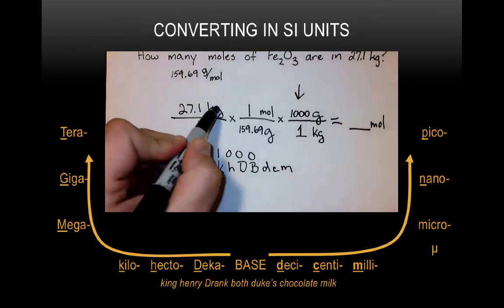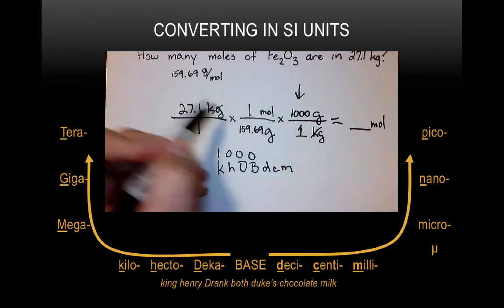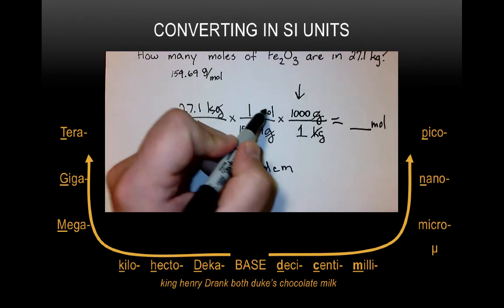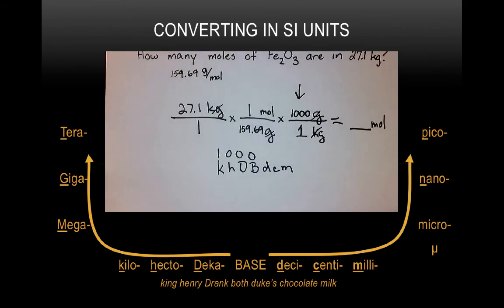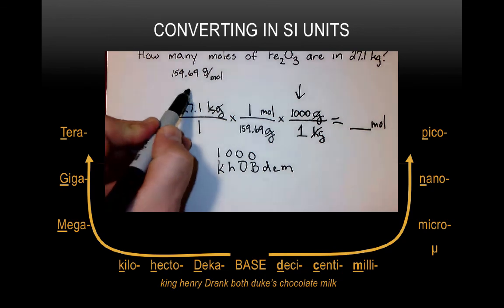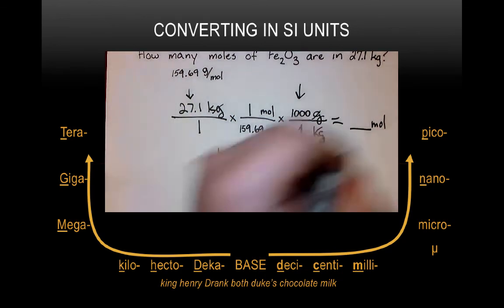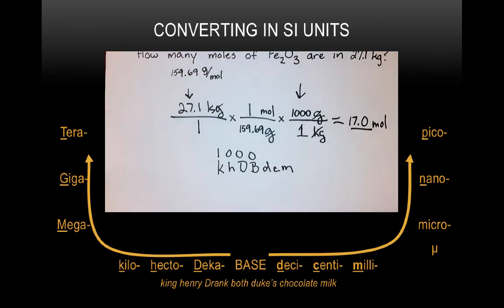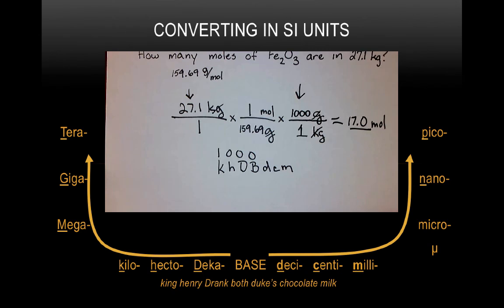So now when I do the dimensional analysis, kilograms cancel, grams cancel, moles is what's left. I do the math, multiply across the top, divide across the bottom. My calculator is going to spit out 16.9710380111147, but 16.97 to 3 significant figures comes out to be 17.0 moles.